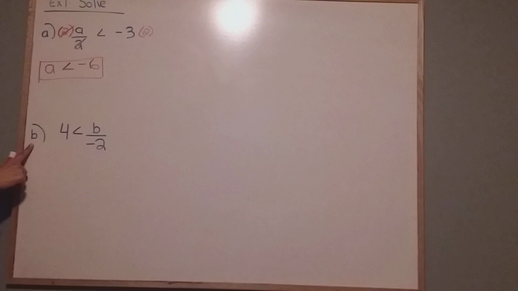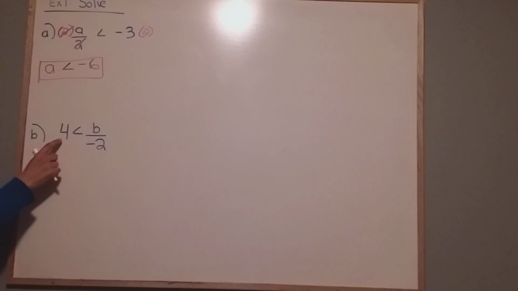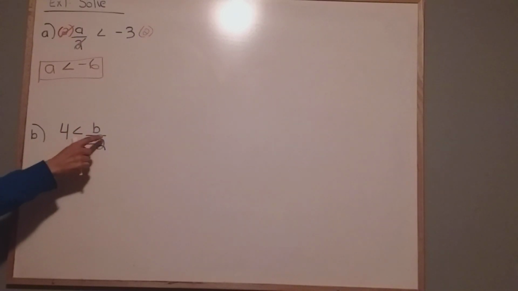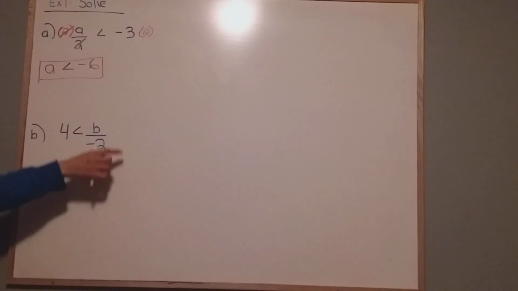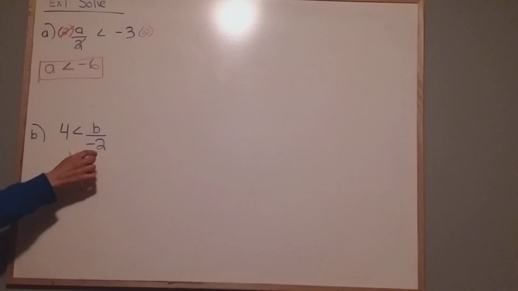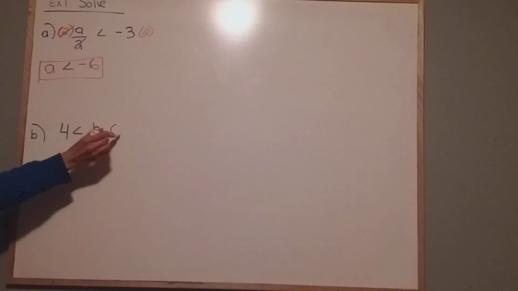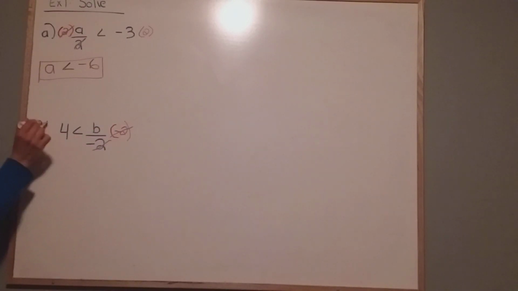Letter B gives the inequality that says 4 is less than b over negative 2. Same thing, we're going to follow the rules we learned last chapter. My first step is to look at the side of the variable, which is the right-hand side. I need to get rid of the negative 2, so I'm going to multiply by negative 2. That will cancel out, so I have to multiply by negative 2 on the other side too.